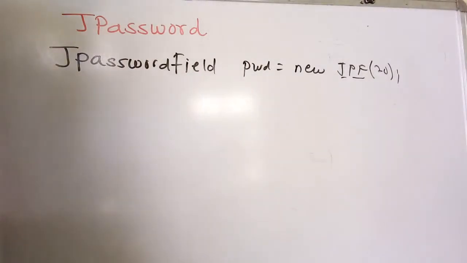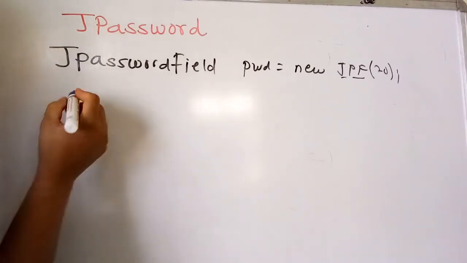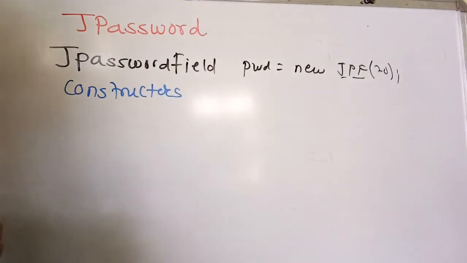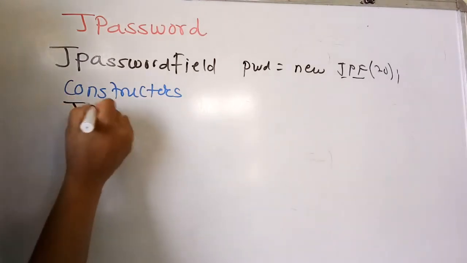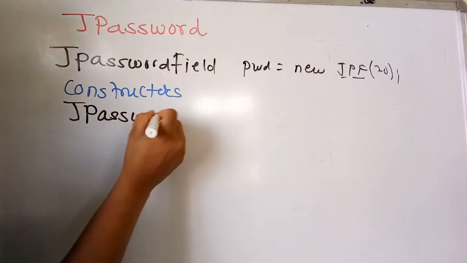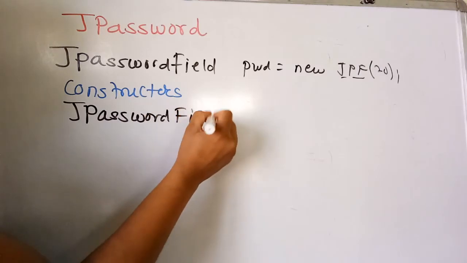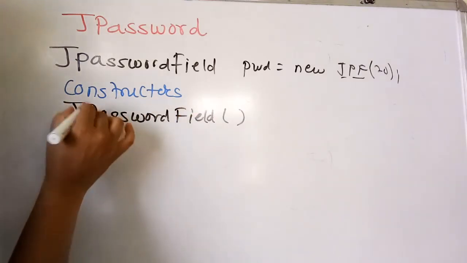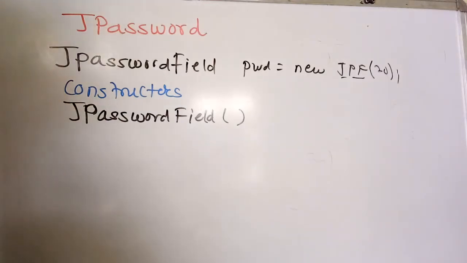Now, which are the different constructors for this password field? First is JPasswordField with empty opening and closing brackets. So it is a simple password field, where you can only take the password and write.